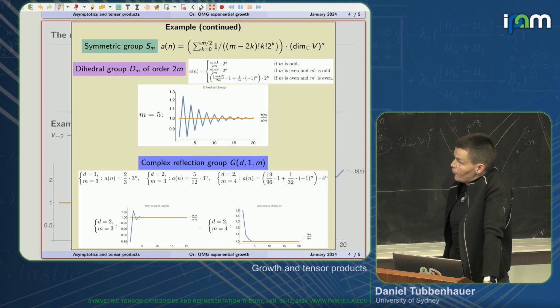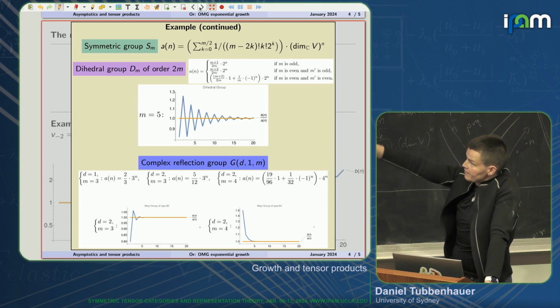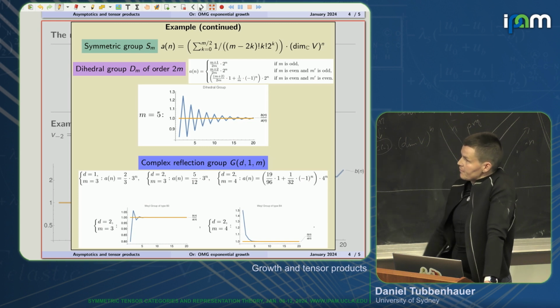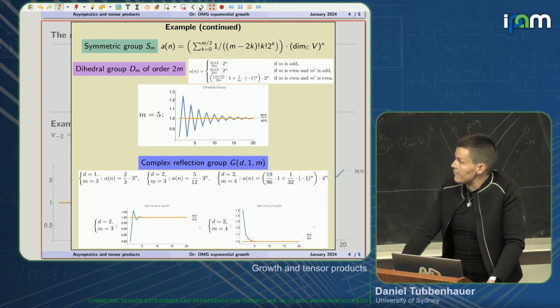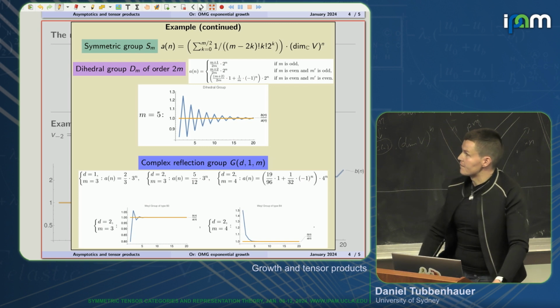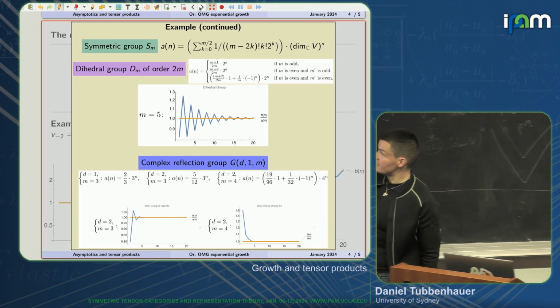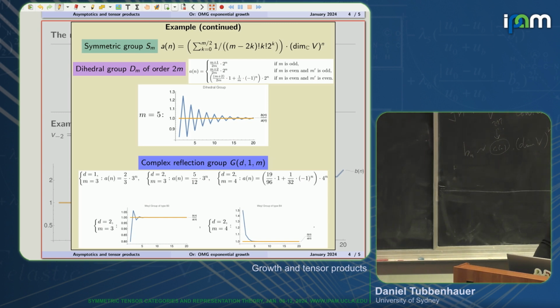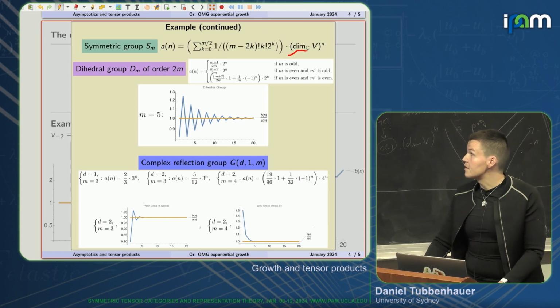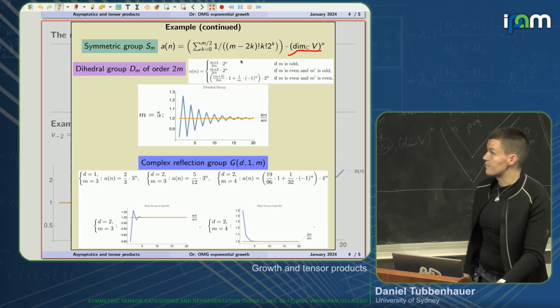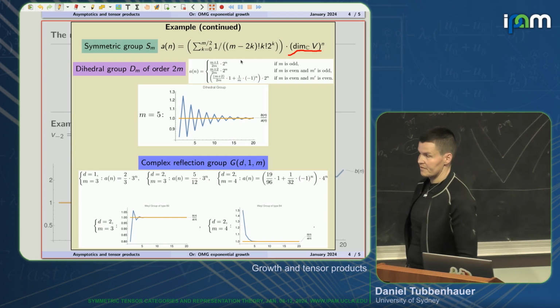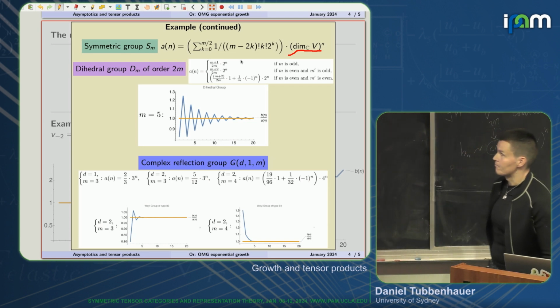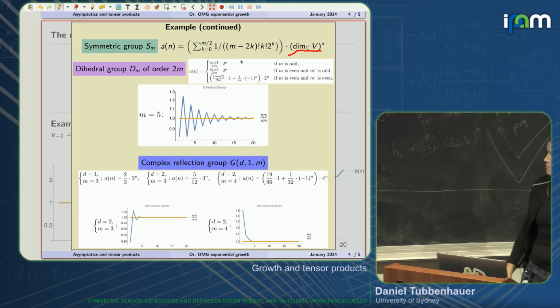Okay. So for the symmetric group, we get this nice result, which I think is due to Pavel, Kevin, and Victor, that whatever representation you take, you have the exponential factor here, and then the correction factor does not depend on the representation. It's kind of a universal correction factor.